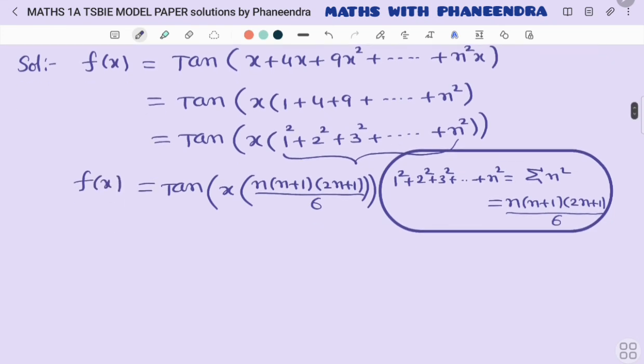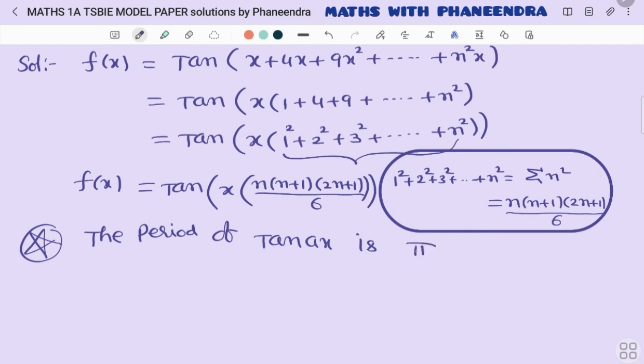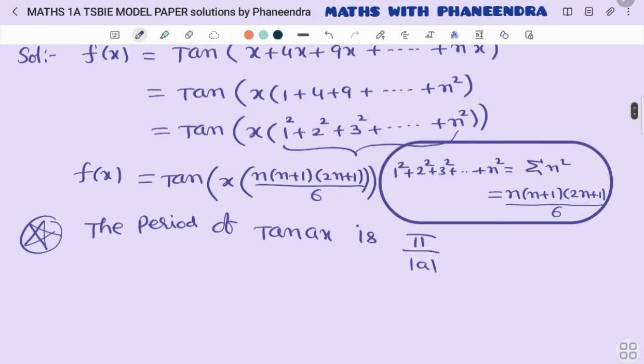The period of tan AX, here also a very important point, the period of tan AX is pi by mod A. For this, till here 1 mark. What is A in this?